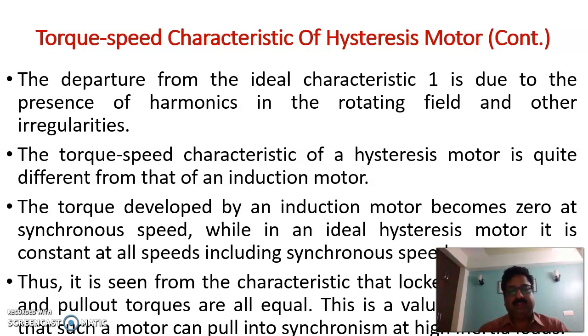From the characteristics we can see that the locked rotor, starting and pull out torques are all equal. When we say locked rotor torque, starting torque and pull out torque, we can consider all three to be equal. And this is a specific and important property of this motor, which pulls the operation of the motor into synchronism at high inertia load.